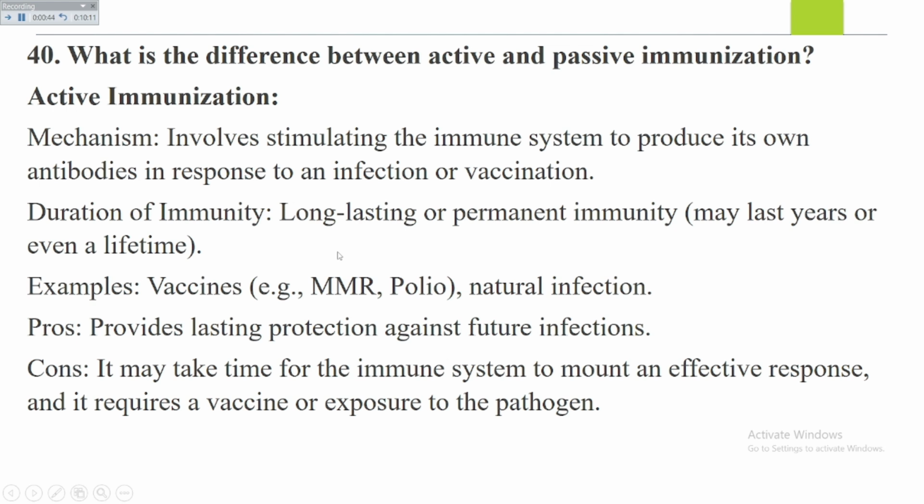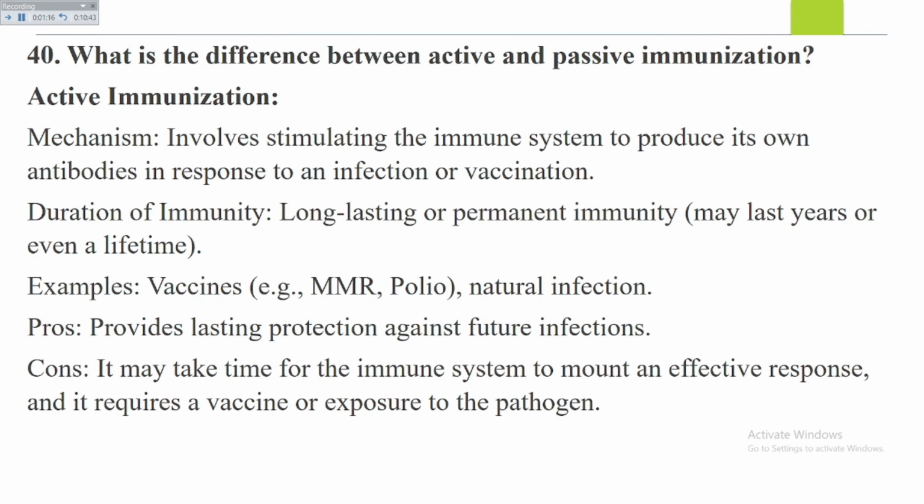Now, the duration of active immunization. Active immunization is long-lasting or permanent immunity, which means it lasts for years or even a lifetime. Examples: vaccines, natural infection, vaccines for polio. Yes, because newborn babies are vaccinated against diseases like polio, measles, and so on.